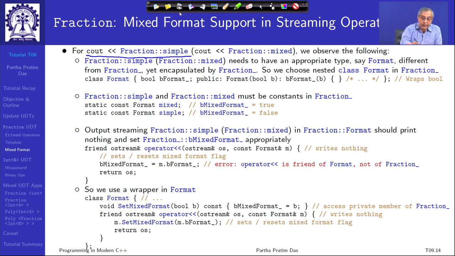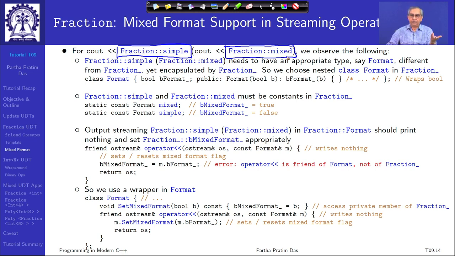Now, this object, fraction::simple or fraction::mixed, is actually Boolean information, but I cannot make it a bool type object, because if I stream a bool to cout, then it will behave like the built-in Boolean type.